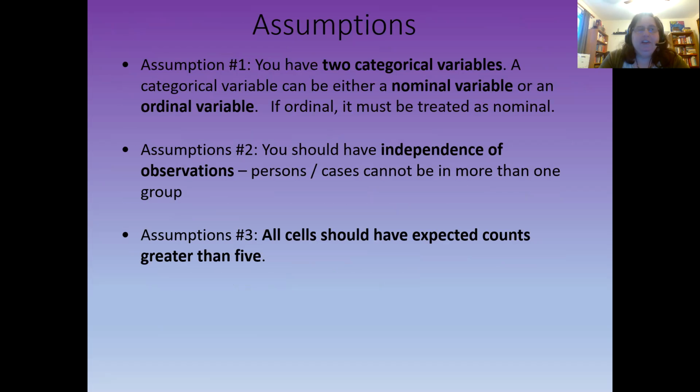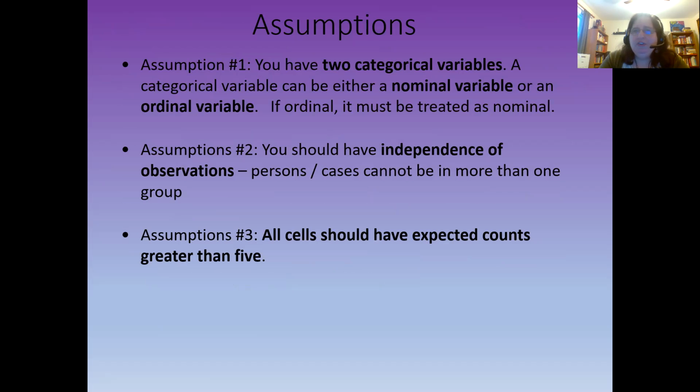Well, we already talked about that, right? A categorical variable can technically be either nominal or ordinal. Now, I know I emphasized nominal before, because even if you use an ordinal variable, you've got to treat it as nominal. In fact, the truth is, if you have an ordinal variable, this really isn't your best choice, in my opinion.